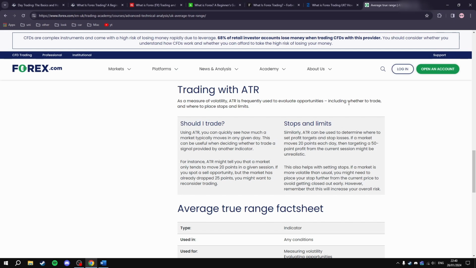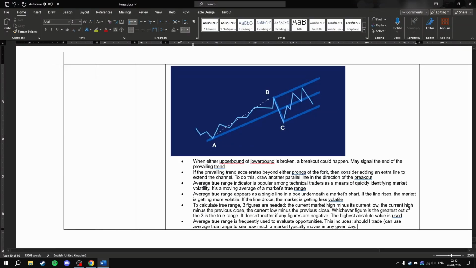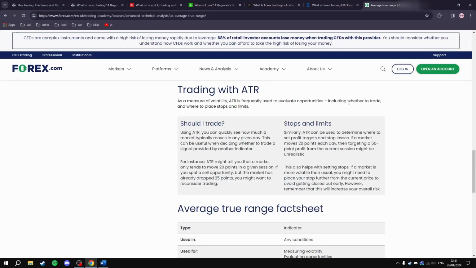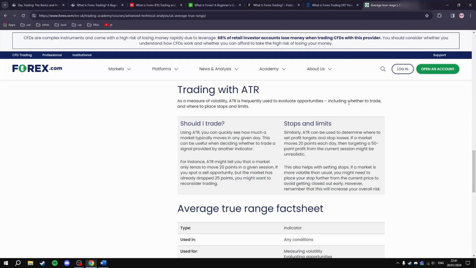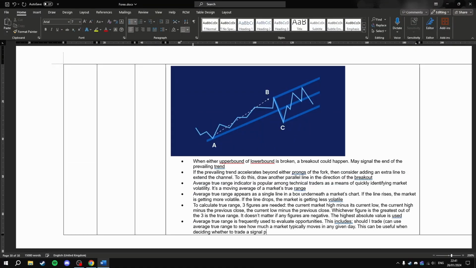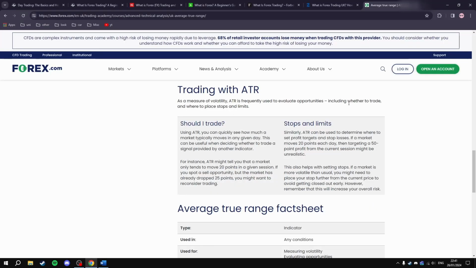This can be useful when deciding whether to trade a signal provided by another indicator.